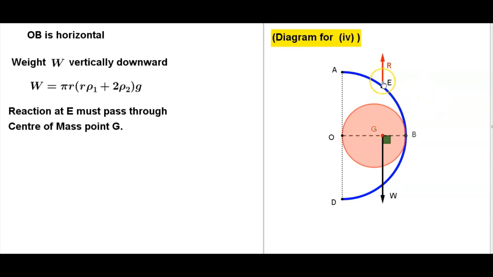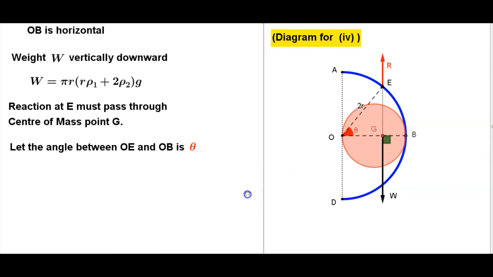Therefore, this line of action must go through point G. We want to find out this angle theta.